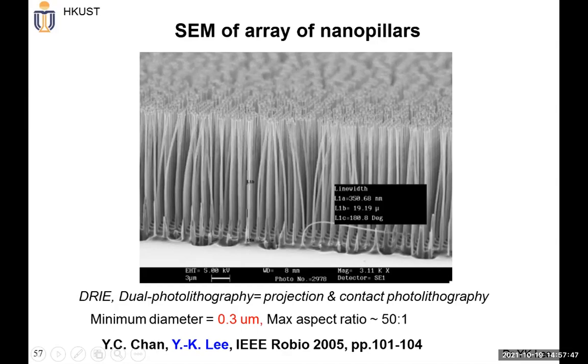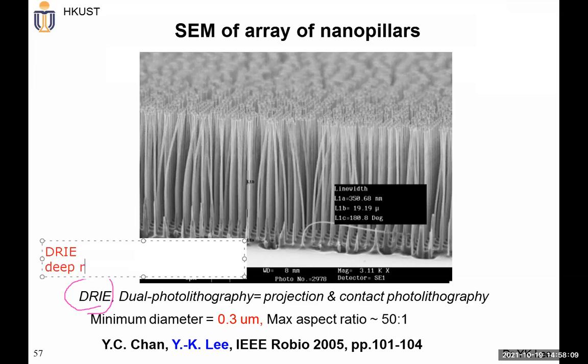Okay, and of course, deep RIE has been widely used. Now, do you know how we use this one? I don't know if in the other lecture you mentioned this deep RIE. It's one of the important microfabrication processes, deep reactive ion etching.